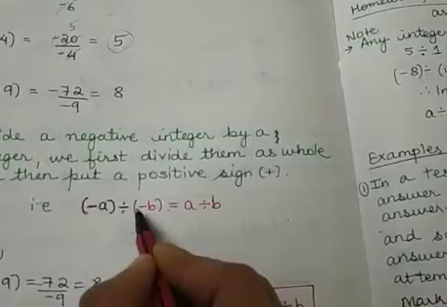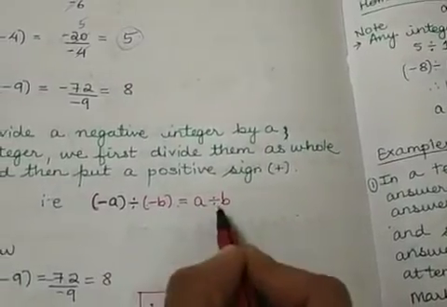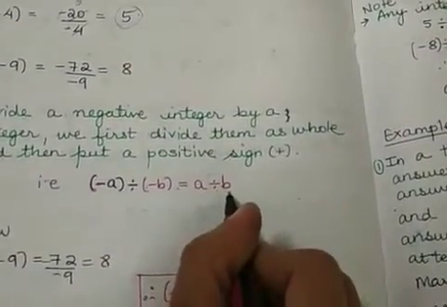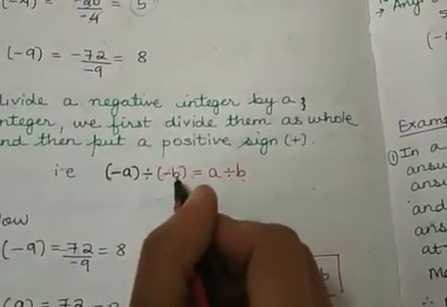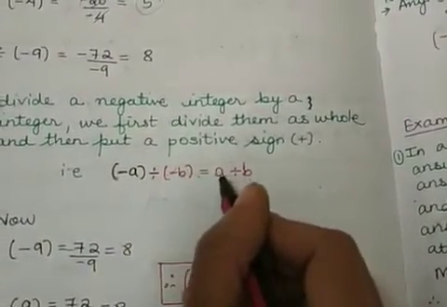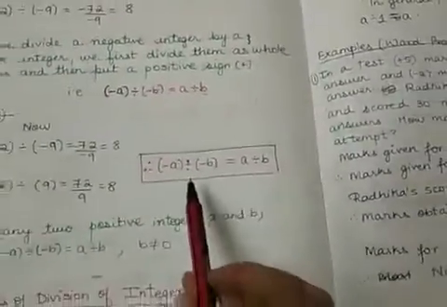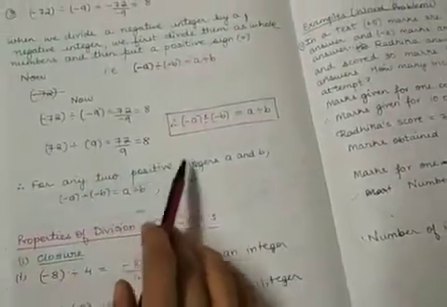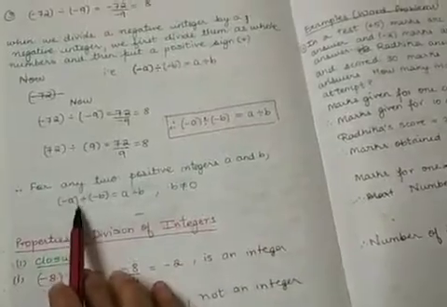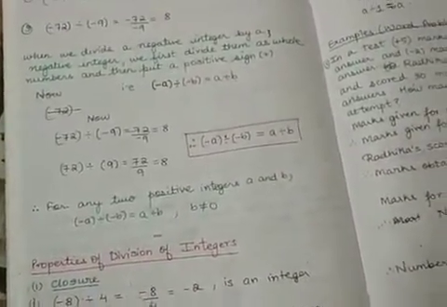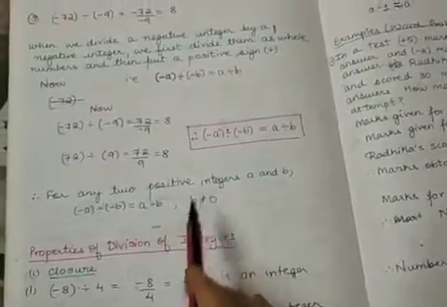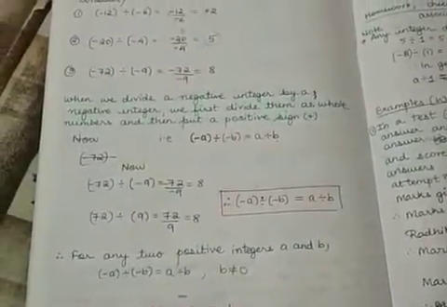Since the negatives get cancelled, minus a divided by minus b is the same as a divided by b. So for any two positive integers a and b, minus a divided by minus b is equal to a divided by b, where b is not equal to 0.